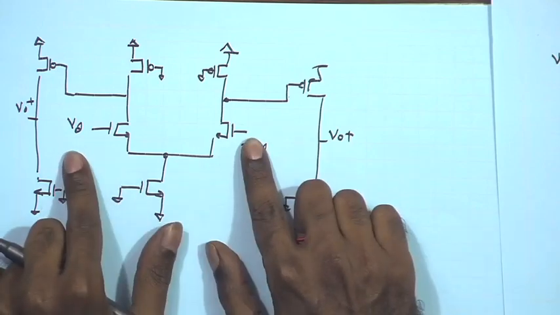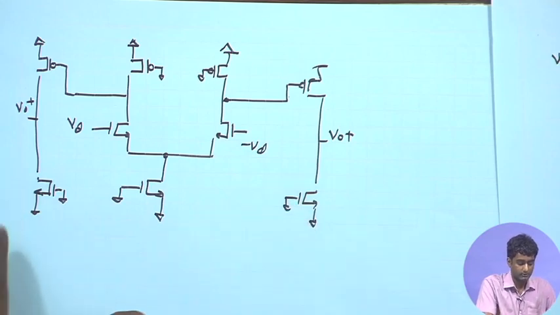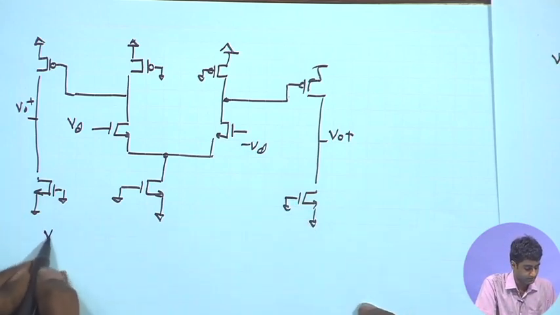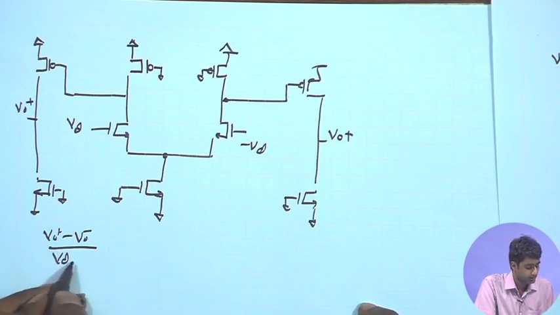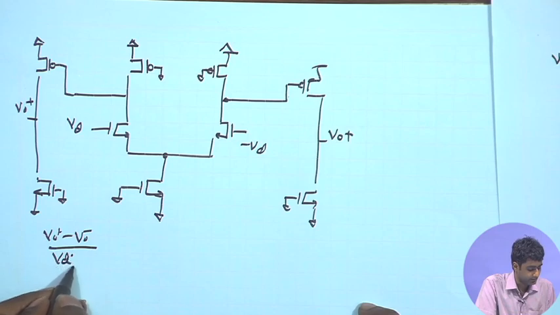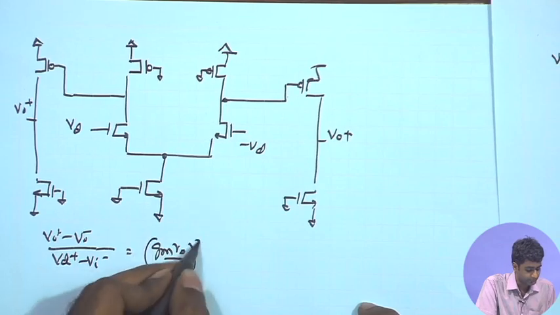First stage gives us gm ro/2, second stage, again a common source amplifier, gives us gm ro/2, and as a result we are going to have Vo plus minus Vo minus upon, I should say, overall Vd. So, in this case I can just write Vi plus minus Vi minus, it should be (gm ro/2) square.